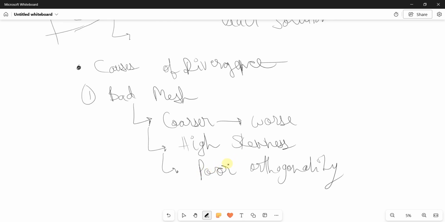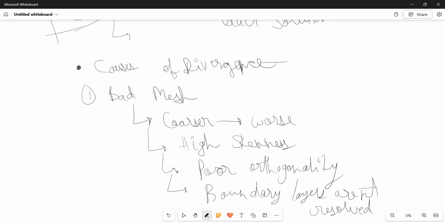There's also the possibility that your boundary layers aren't properly resolved. What do I mean by this?